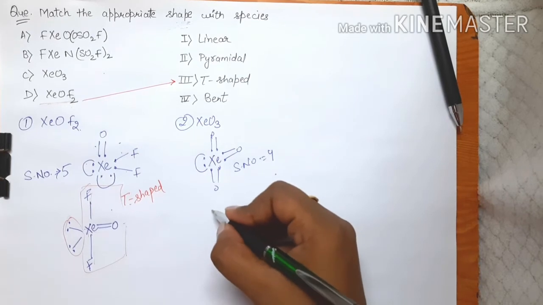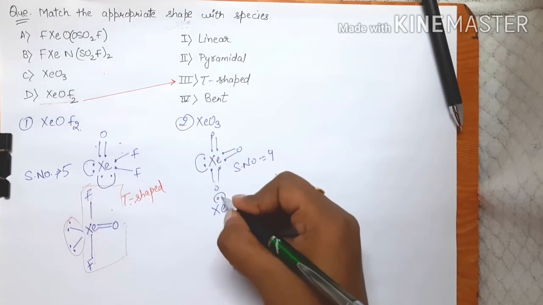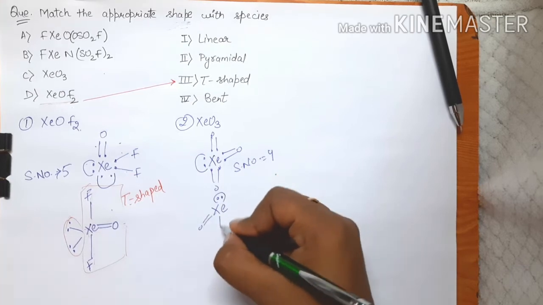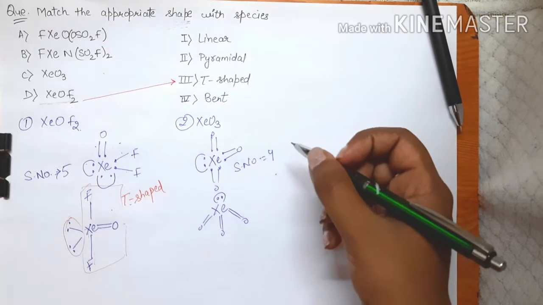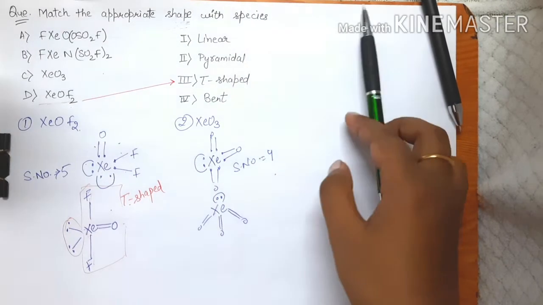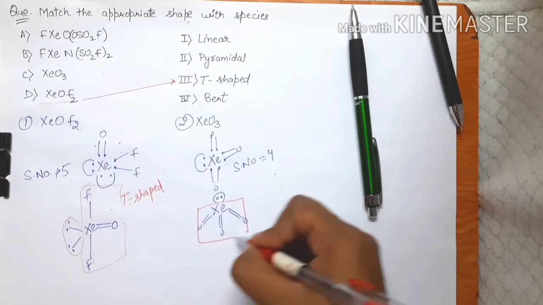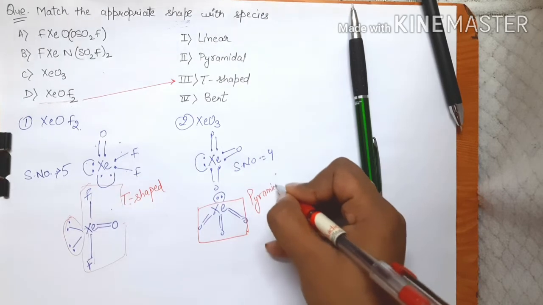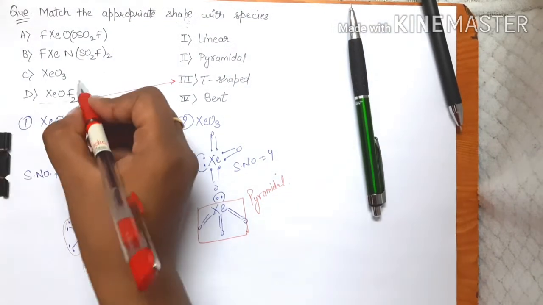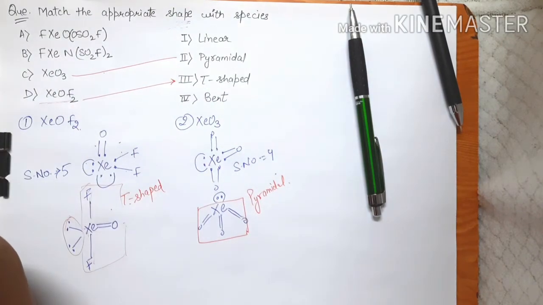Now, just like the ammonia molecule, it will be having 1 lone pair like this and 3 oxygens like this. So if we have to find out the shape of the molecule, then we have to ignore this lone pair. So what is this shape called? This is called a pyramidal shape. So option C is going to match with the second one.